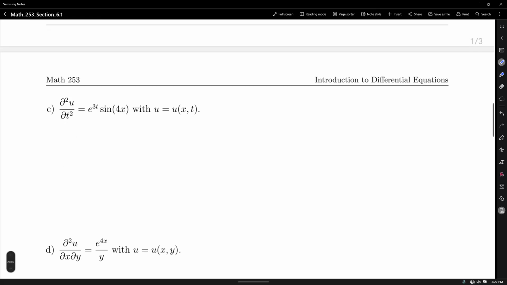But since this is a relatively simpler type of equation, this is doable. So they're asking us for the function whose second partial derivative equals e to the 3t sine 4x, where the function models some situation in one-dimensional space and time.